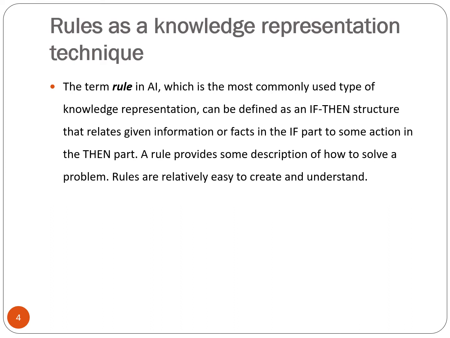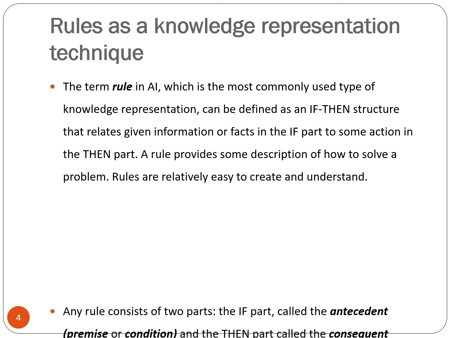If you have long rules, maybe 100 rules, then each part of the rules tries to solve certain problems. Rules are relatively easy to create and understand. They must be easy and straightforward to understand.